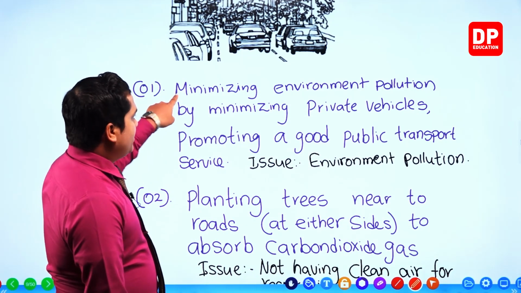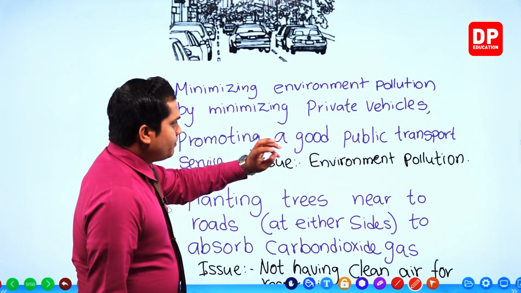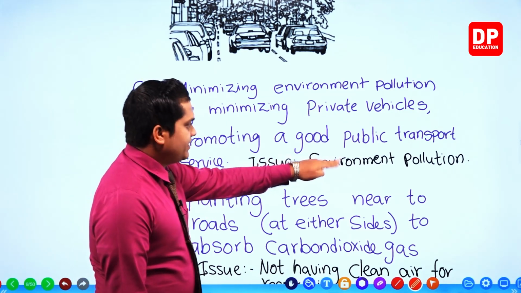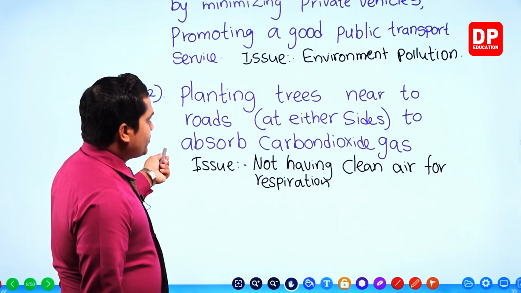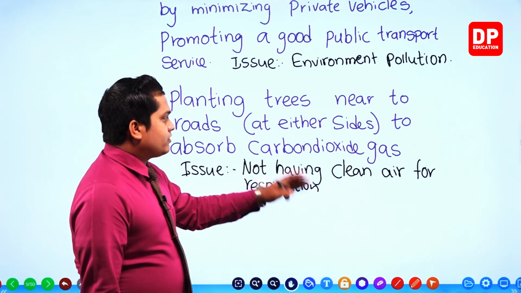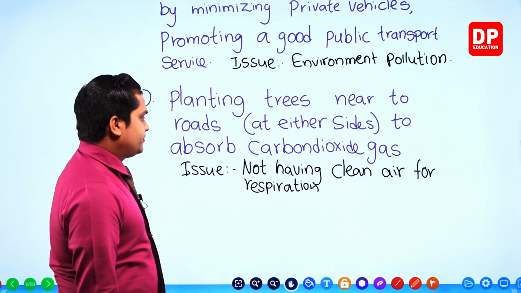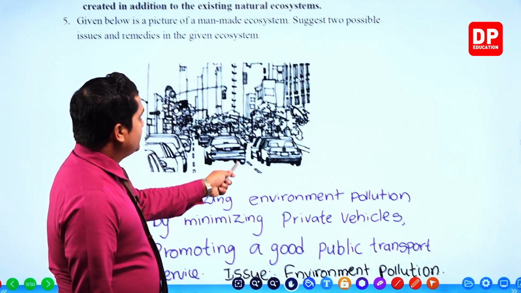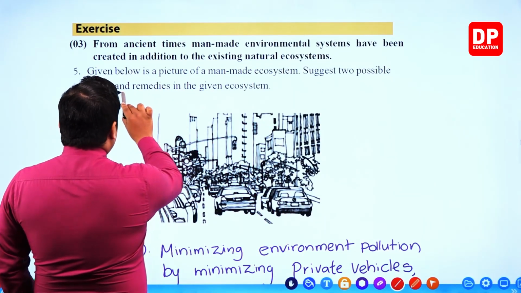Then the remedy is minimizing environment pollution by minimizing private vehicles, promoting a good public transport service. Right? The issue is environment pollution. Next one over here, planting trees near to roads at either sides to absorb carbon dioxide gas. So the issue is not having clean air for respiration. Right? So these are two issues.